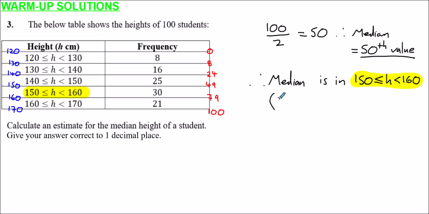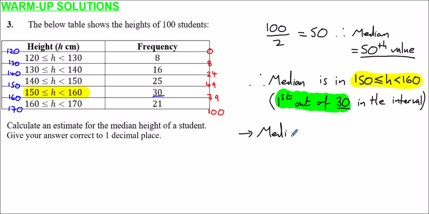In other words, the median is going to be the first value out of 30 in this interval. If you're wondering where I've got 30 from, it's simply because 30 is the frequency of this interval. And so the median is the first one out of 30. So we're going to use this fraction in a moment to work out an estimate of our median.